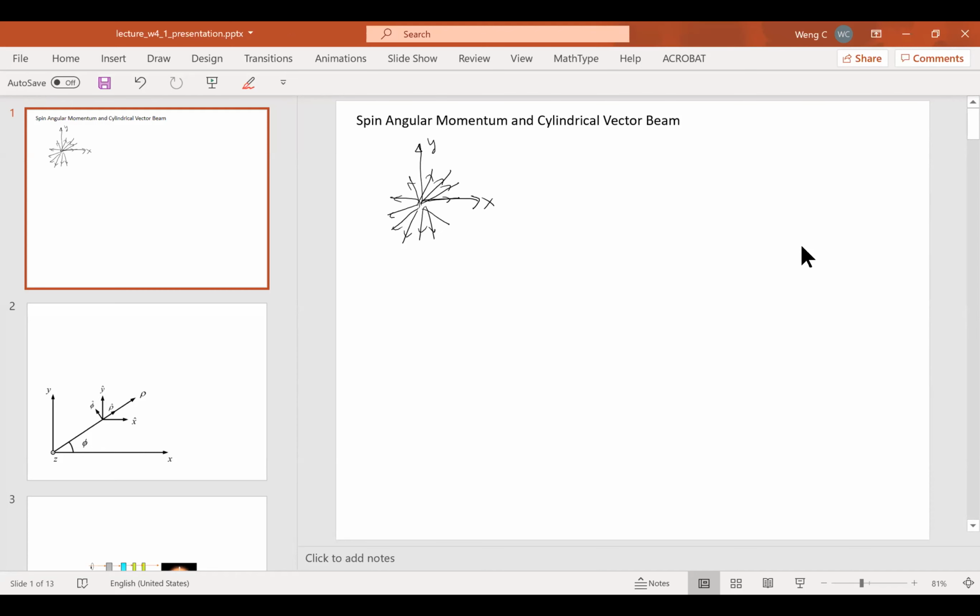So the electric field rotates. Okay, the electric field actually rotates. Then it turns out that you can show that this electric field gives rise to angular momentum.